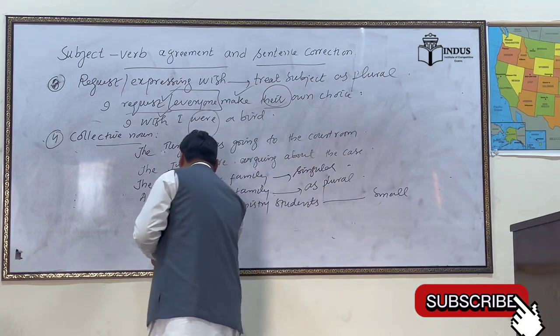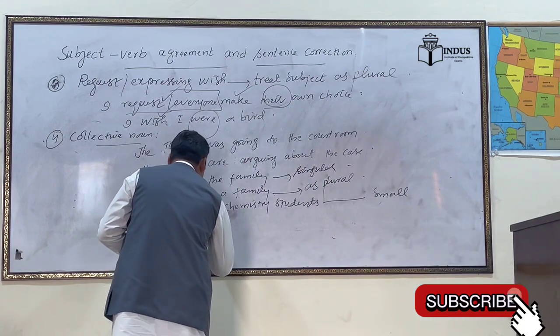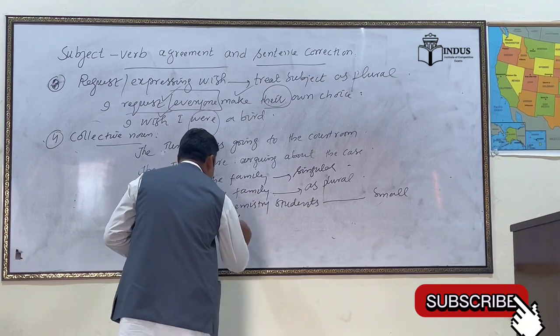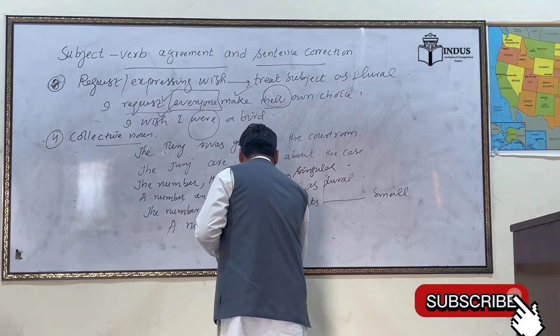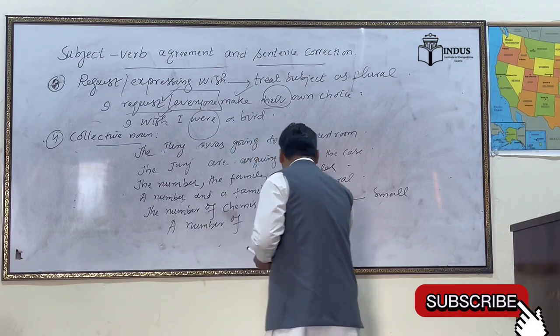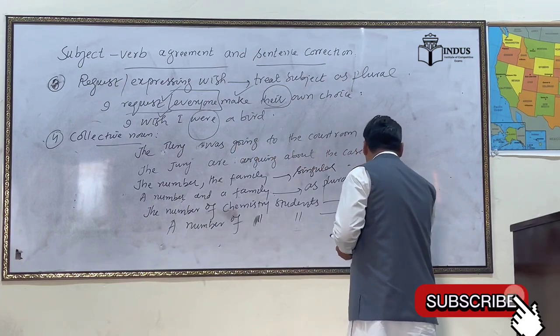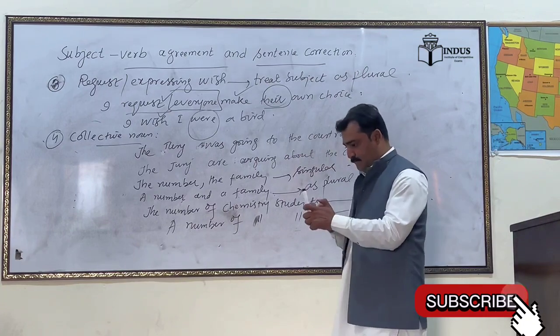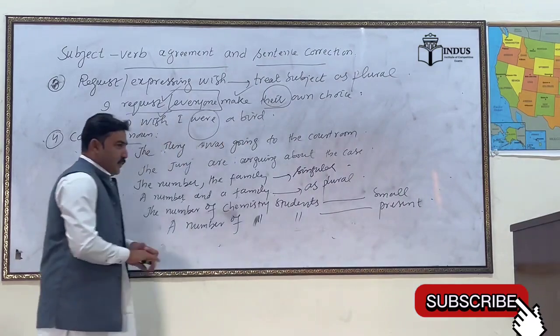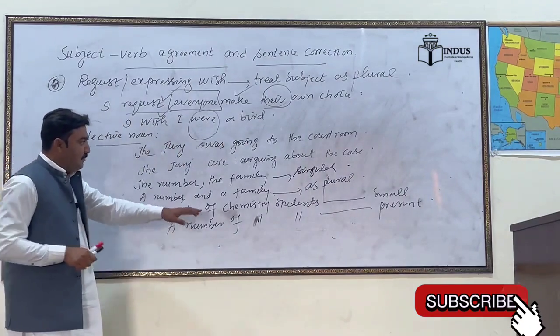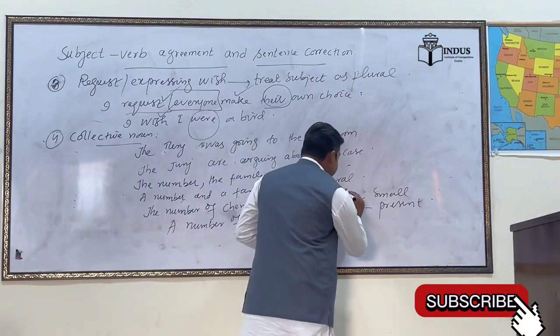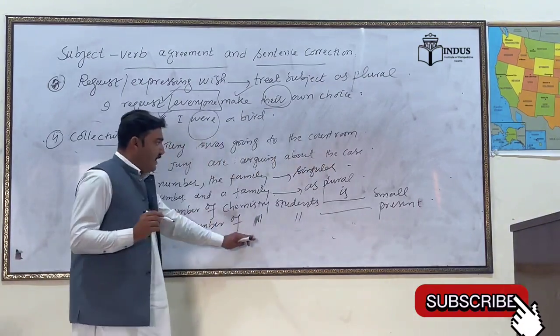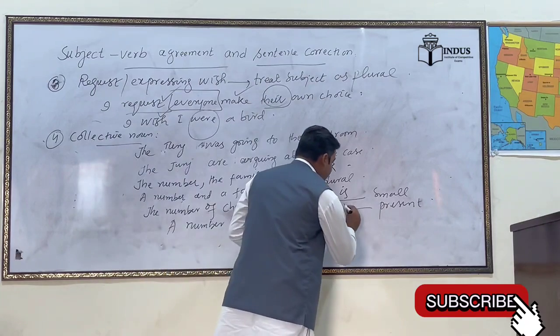I say, a number of chemistry students, present. So here I say that the number of chemistry students is small. A number of chemistry students are present.